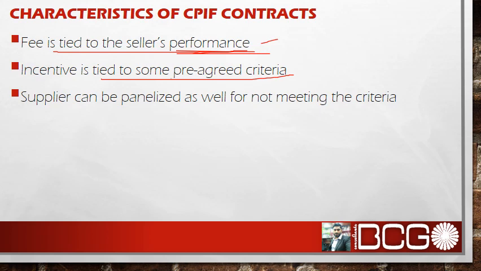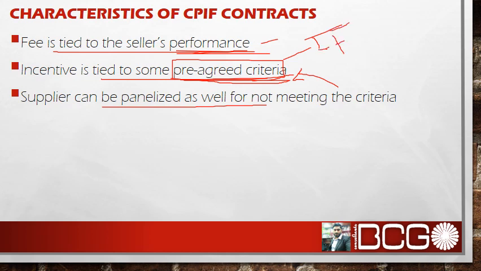So there is a pre-agreed criteria to measure that performance. And as I said earlier, the supplier can be penalized as well for not meeting this pre-agreed criteria. If he meets or exceeds this criteria, for sure, an incentive will be paid, right? And if he is unable to meet this criteria, he may get some penalty as well.